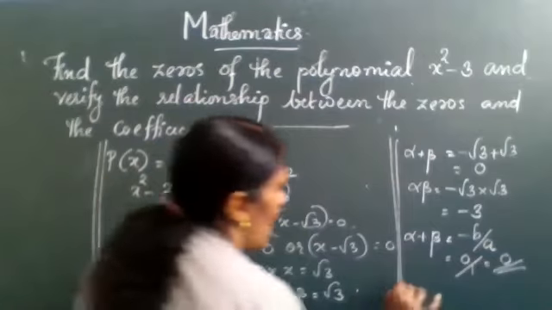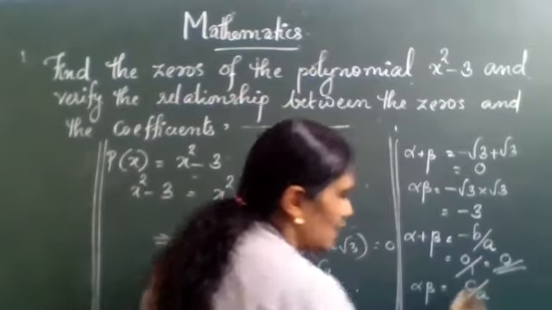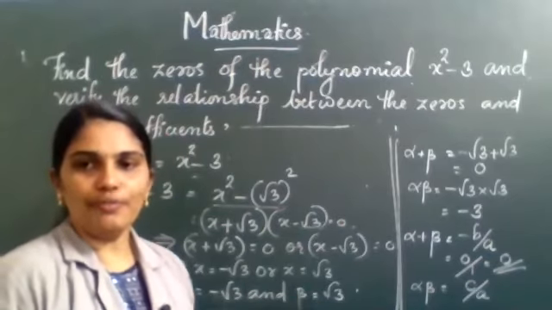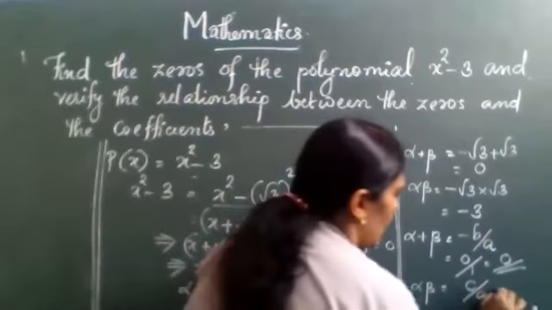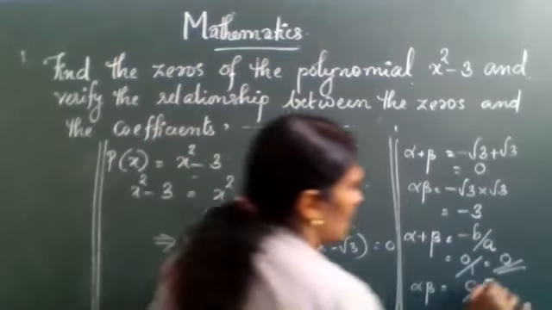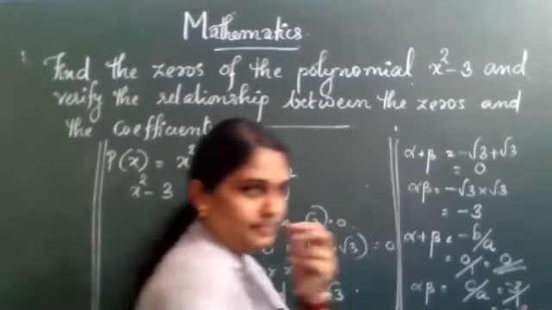Next, alpha beta. The product of zeros is c by a. You know, c is the constant term and a is the coefficient of x square. Here c is equal to minus 3 and a is equal to 1. We get minus 3.